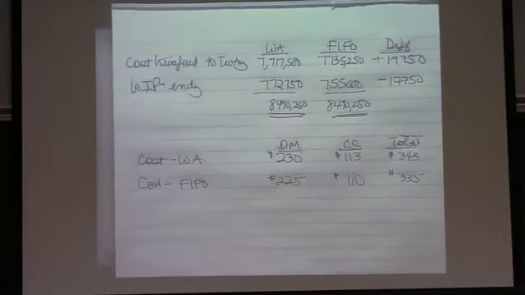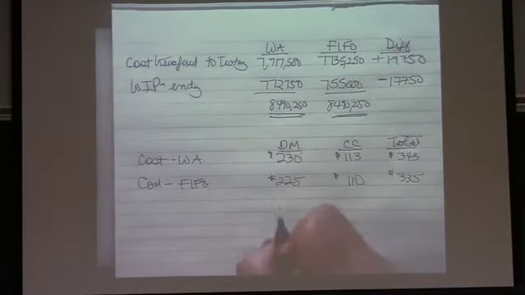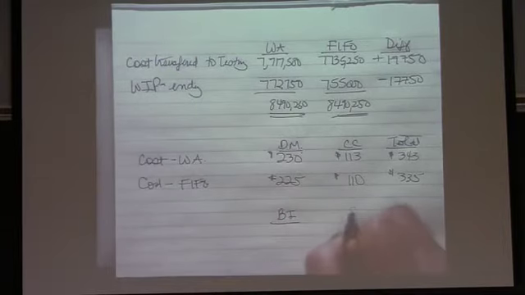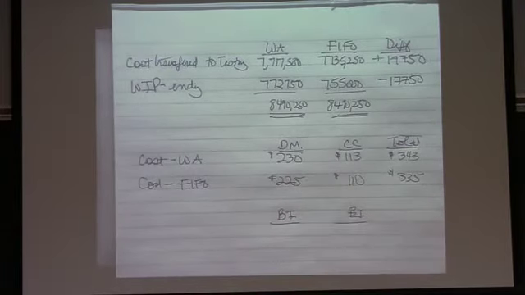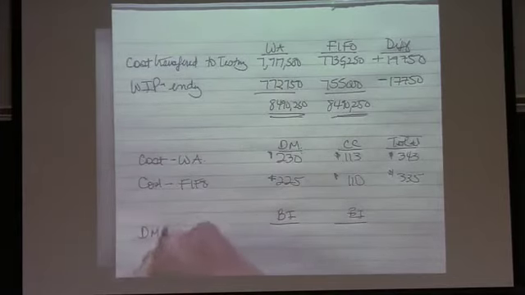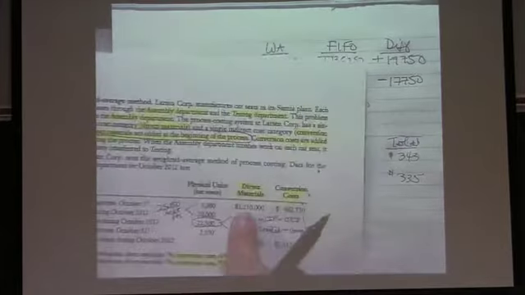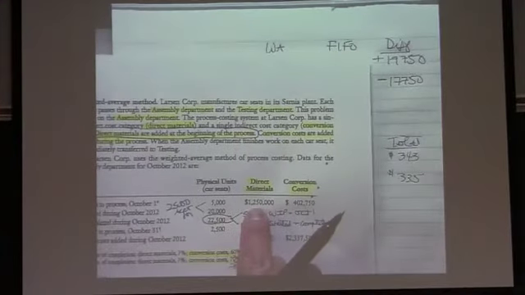Now, if you look at also the beginning inventory and the ending inventory, you can see the per unit cost for direct material. We know from the question that this would have been incurred 100%, right?